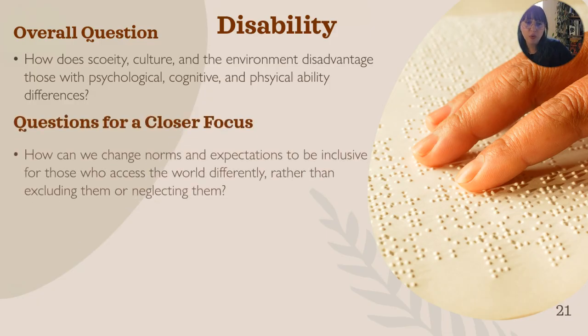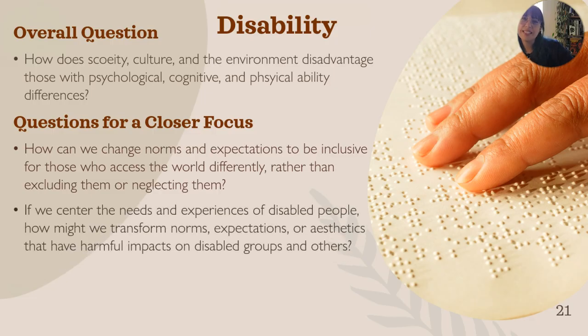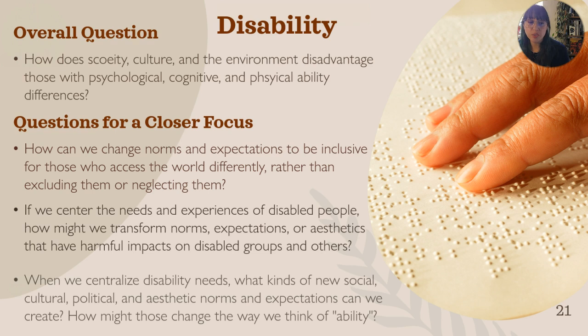Questions for a closer focus: how can we change norms and expectations to be inclusive for those who access the world differently, rather than continuing these norms and expectations that exclude, neglect, and disadvantage them? If we center the needs and experiences of disabled people, how might we transform our norms, expectations, aesthetics, etc., that have harmful impacts on those groups and other groups?